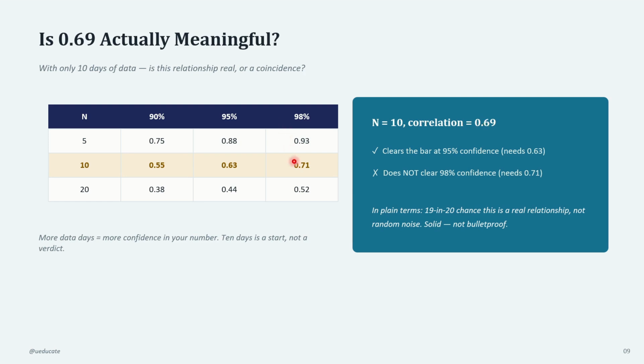To clear the bar of 98% confidence, we need 0.71, but we don't have this value. So it clears the bar of 95% confidence. More data, more confidence in the number. So there's a 19 in 20 chance this is a real relationship, not random noise, not a coincidence. It's meaningful data.